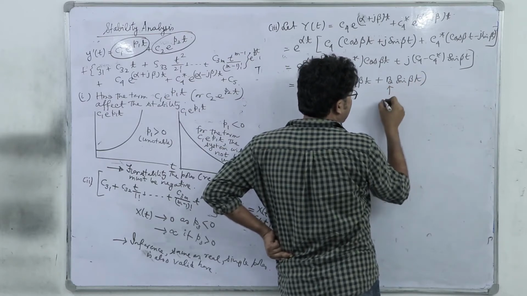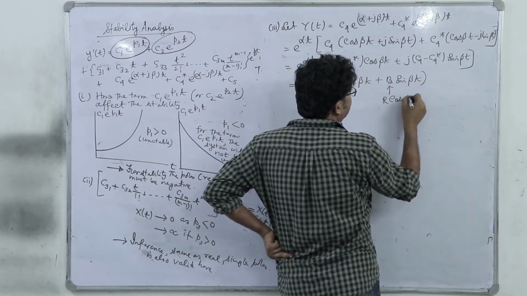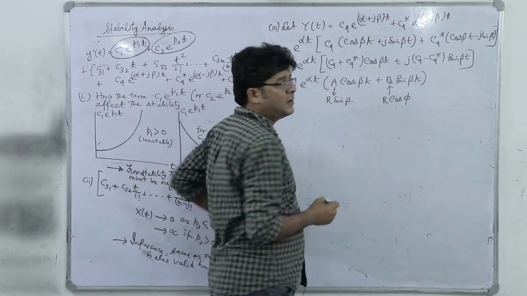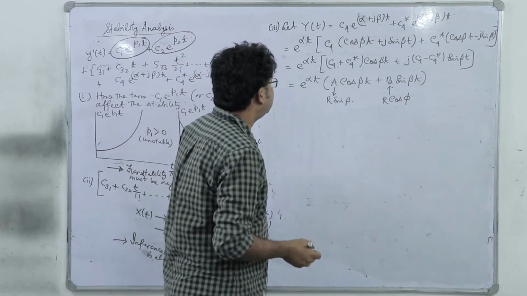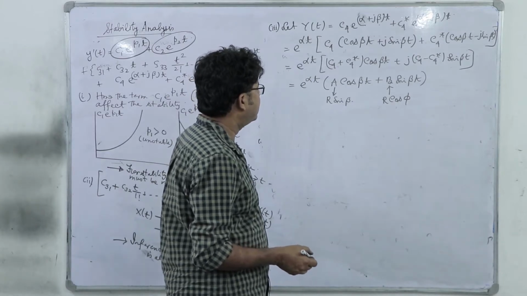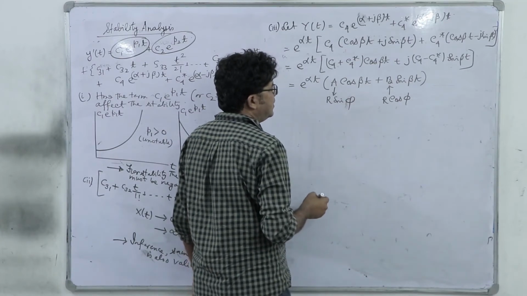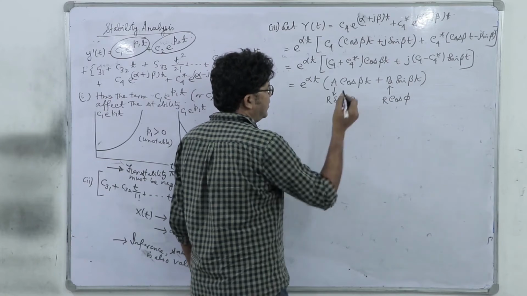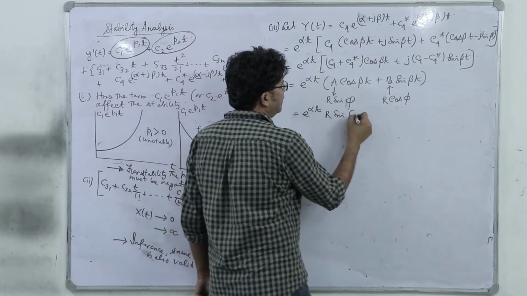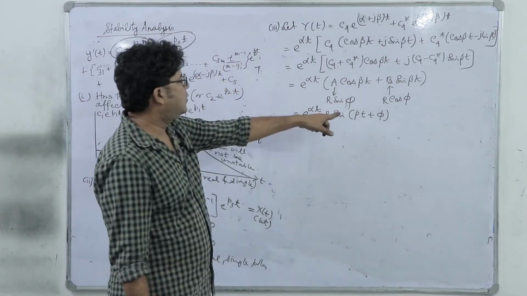So, consider A as r cos phi and B as r sin phi. As you all know, it's a school level technique that r will be under root of A square plus B square, and phi will be equal to tan inverse of B by A. So we get e to the power alpha t into r into sine of (beta t plus phi).